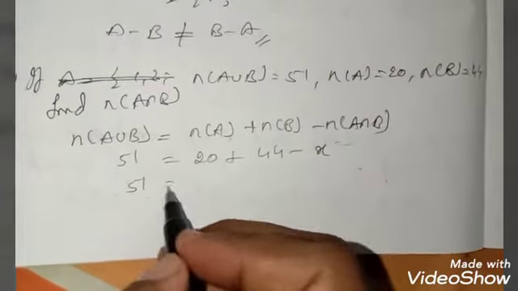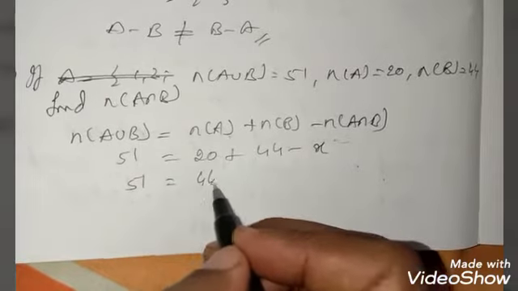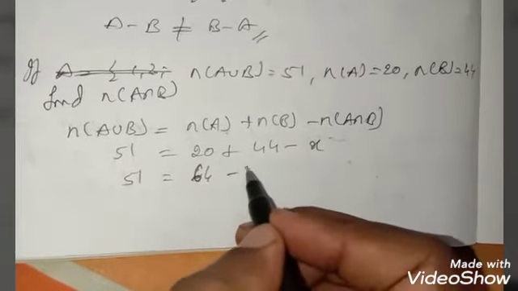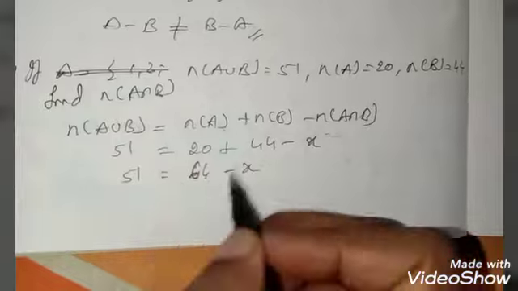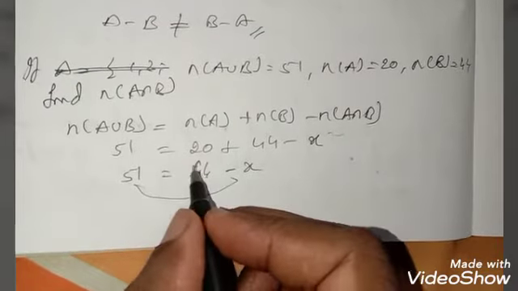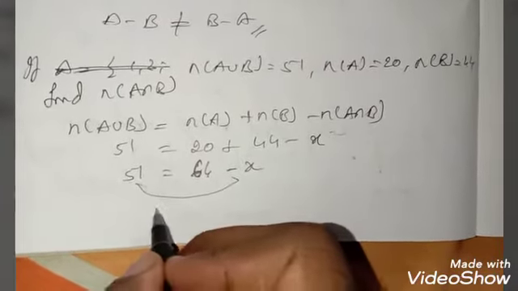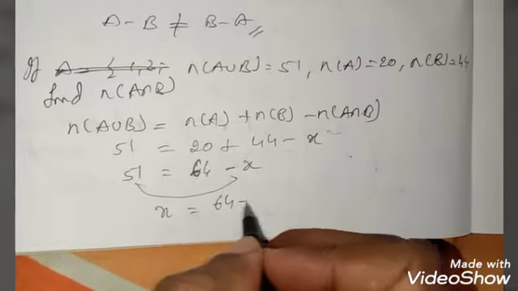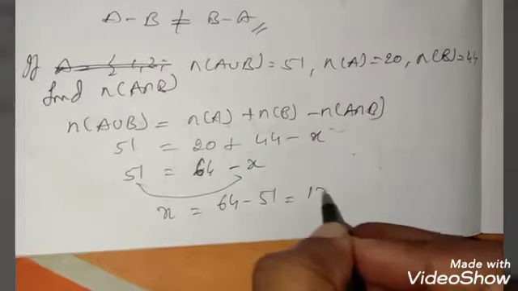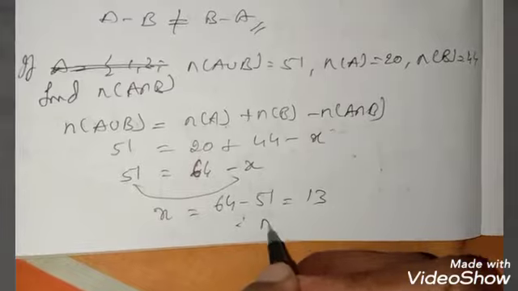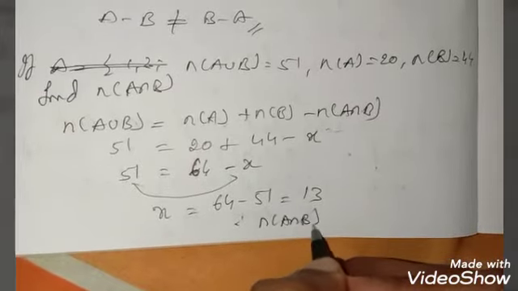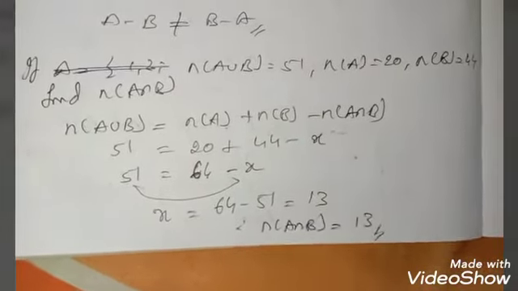Then 51 is equal to 20 plus 44, which is 64, minus x. Sending x to one side and 51 to the other, x is equal to 64 minus 51. So the answer is 13. Therefore n of A intersection B is equal to 13.